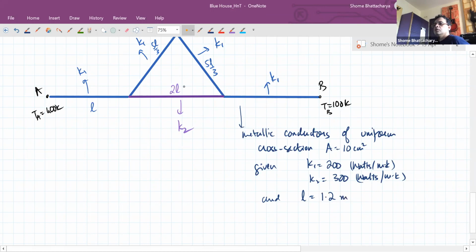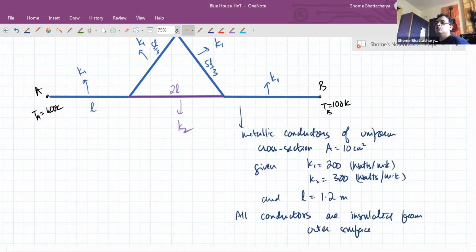Okay. And all conducting rods are insulated from outside, insulated from the outer surface.